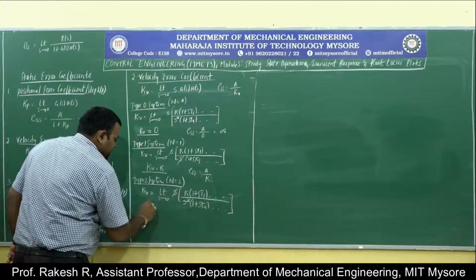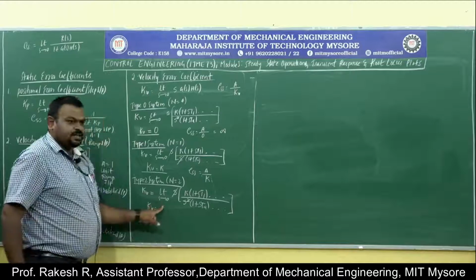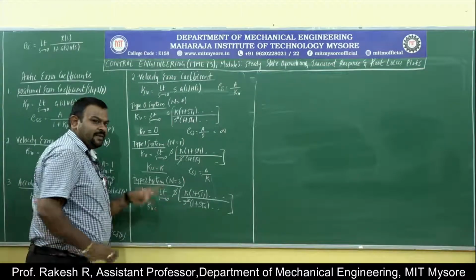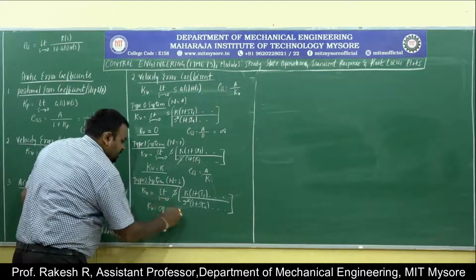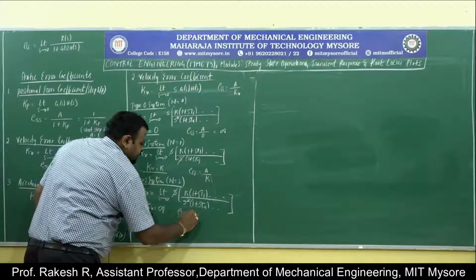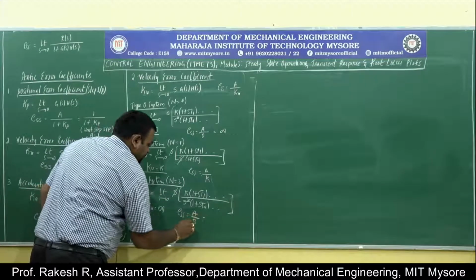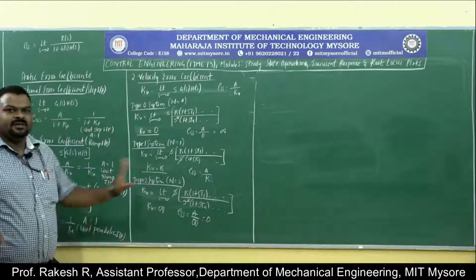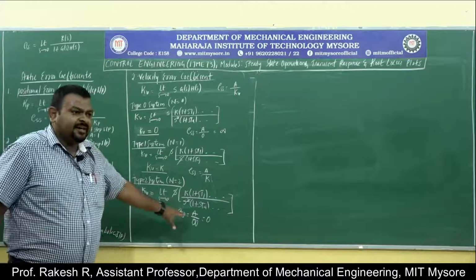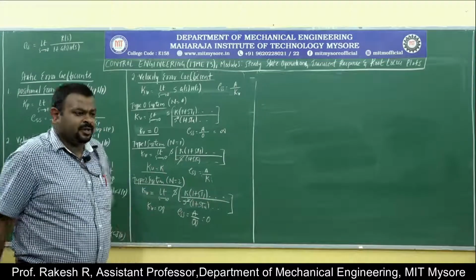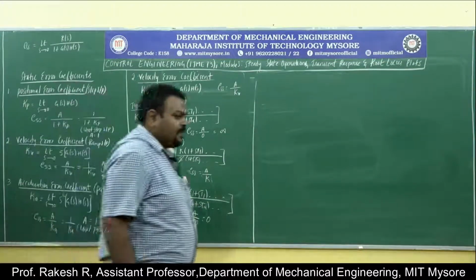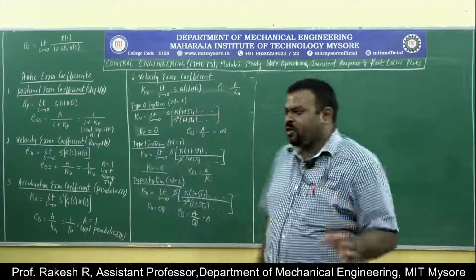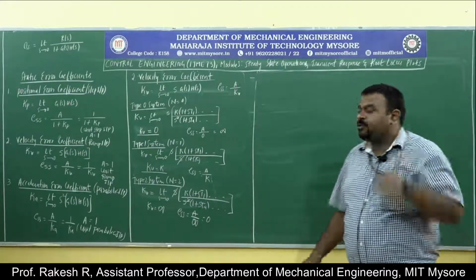Because of that, Kv, if you apply limit s to 0, it will be 0, 1 by 0 is infinity. What is the steady state error? A by 0, sorry, A by infinity, it will be 0. Next, here steady state error does not exist further, it is not used, hence for velocity error coefficient we will be stopping at type 2 system only.